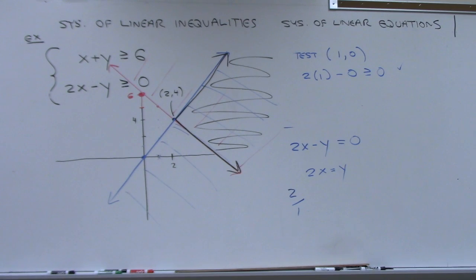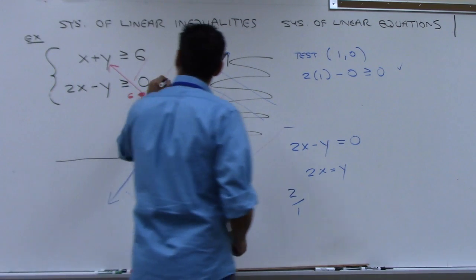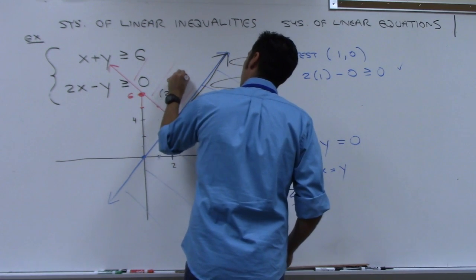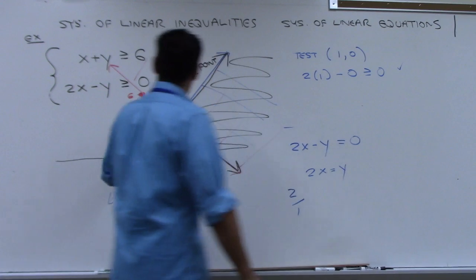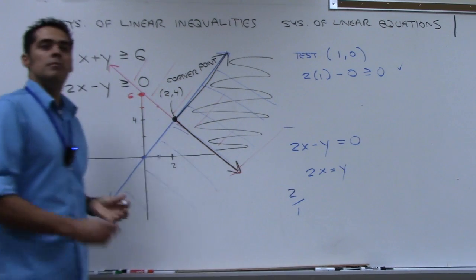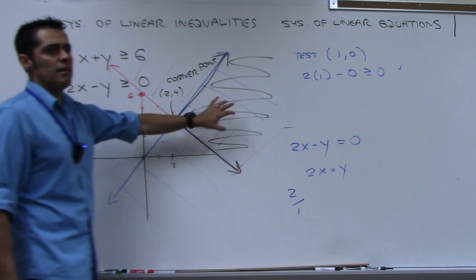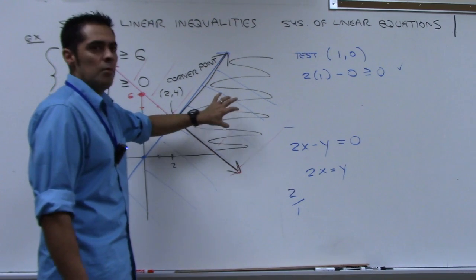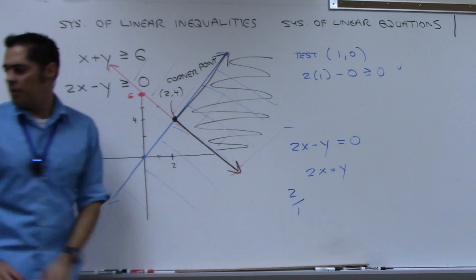Oh, there's some language here. This is called a corner point. Okay, this is called a corner point. Makes sense that they would call that a corner point. This in here is what we call the feasible region. Feasible region.